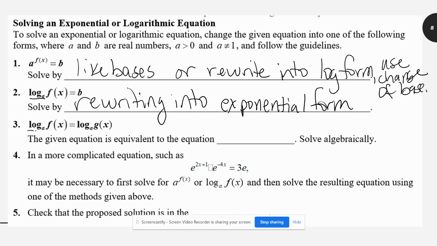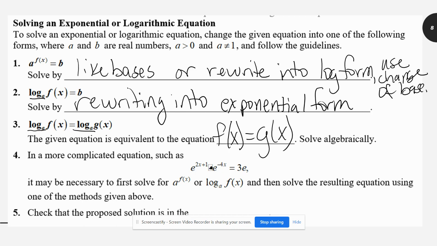If we can condense it so we have a log equals a log, then we know that whatever's after the log on the left side has to equal whatever's after the log on the right side. If we have an exponential function where we have two bases that are multiplied by each other, we use exponent rules to add them, and then we will rewrite into log form.